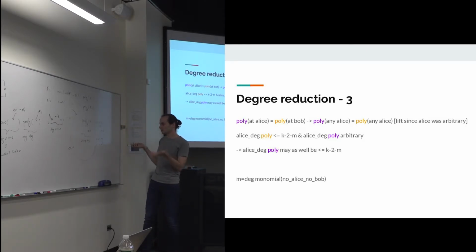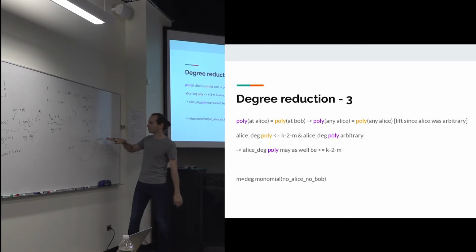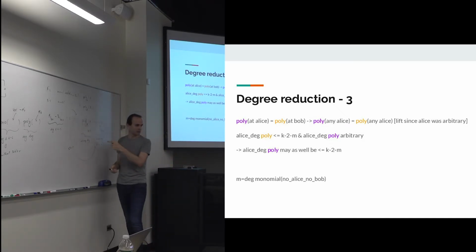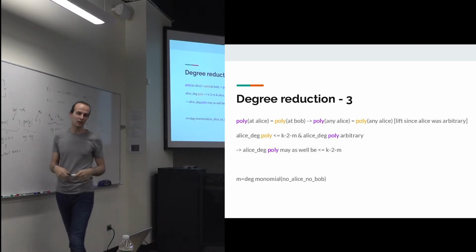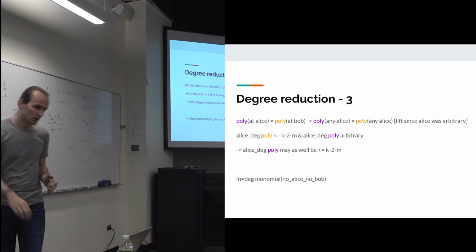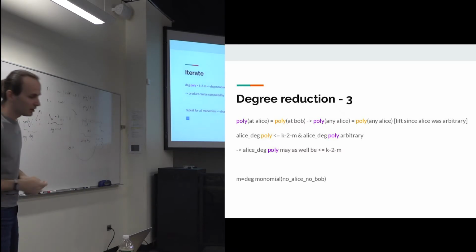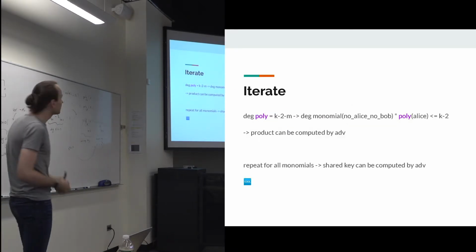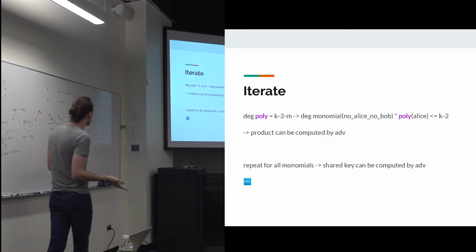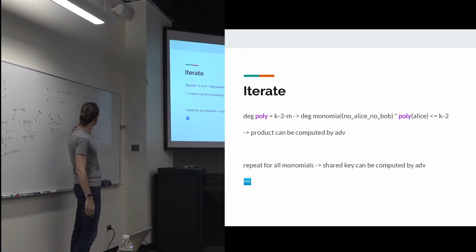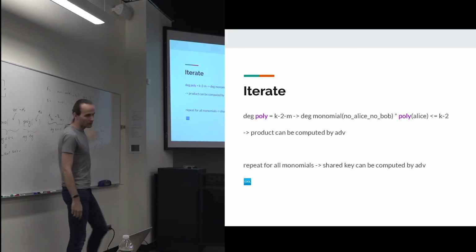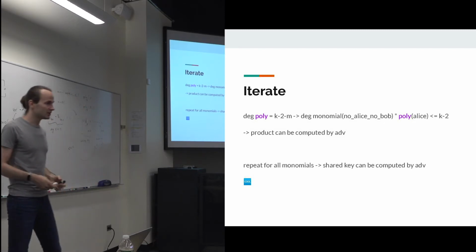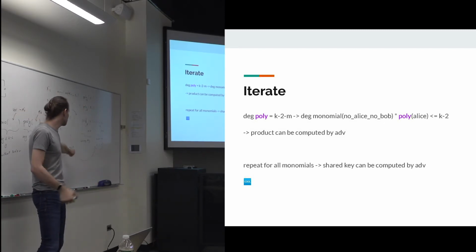So then I have a good representation of this polynomial in Alice's variables because I can just pick this. And that means that I can compute any of these coefficients as an adversary because I can use the k minus 2 linear map, since I have this bound here.